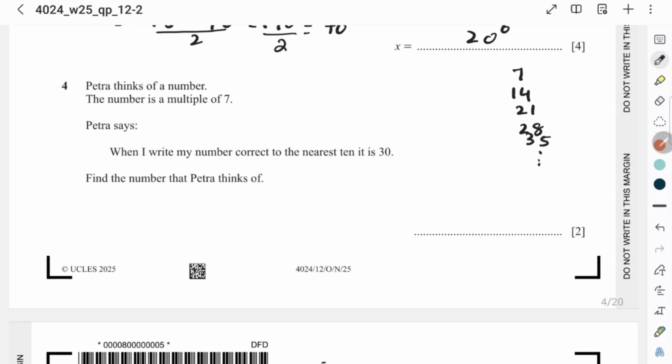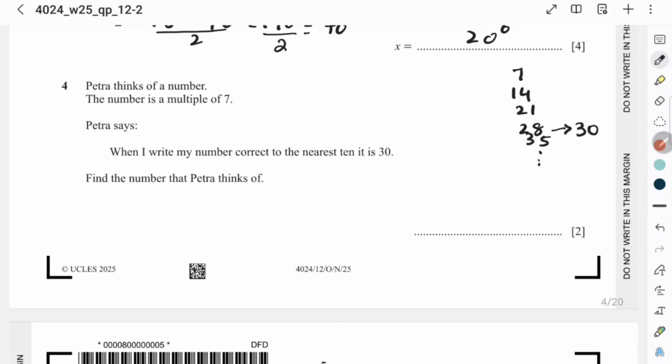Okay, now the number is a multiple of 7, and Petra says when I write my number correct to the nearest 10, it's 30. It means that if we round off that number, it will be nearest to 30. Obviously, if we round off to 10, then 14 will become 10, 21 will become 20, 28 will become 30, and 35 will become 40 if we write down that number correct to the nearest 10.